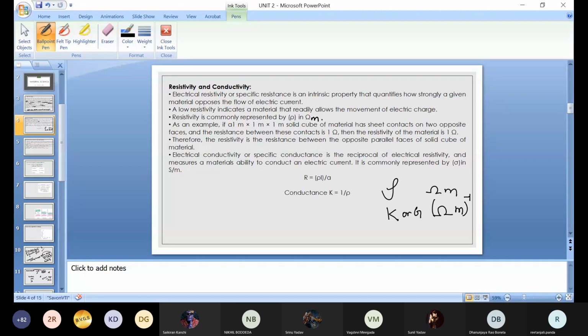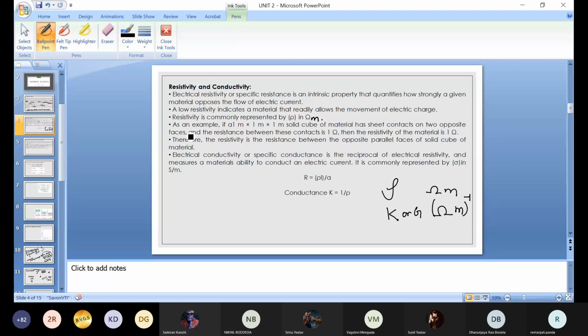Why? Because resistivity is the reciprocal of conductivity. If resistivity has the unit ohm meter, then conductivity has the unit of ohm meter to the power minus 1, or 1 by ohm meter.